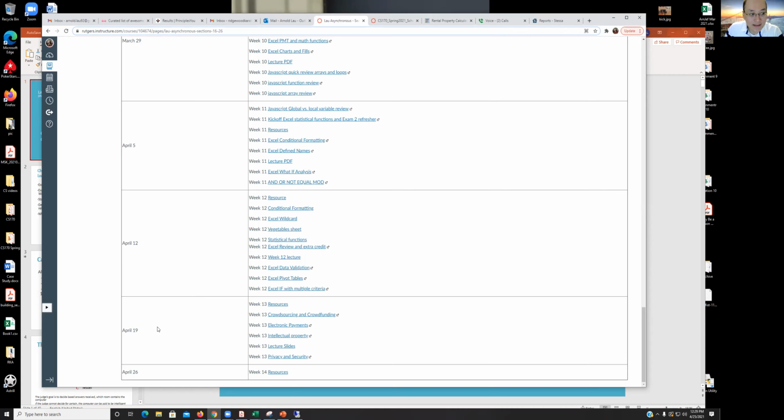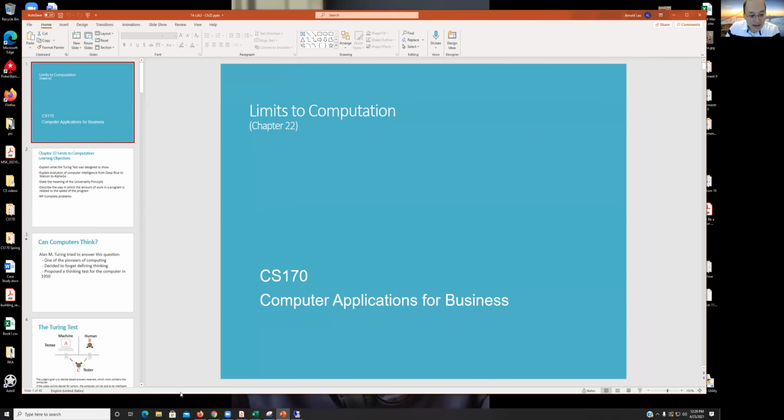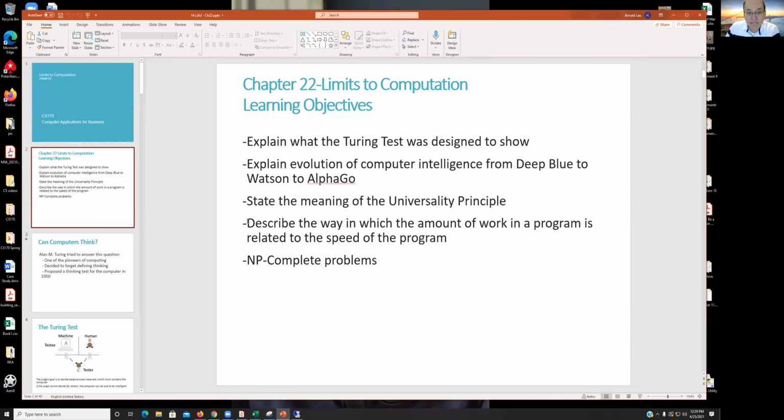Okay. All right. So let's get going with this. Chapter 22 covers the limits of computation. These are some of the key concepts. These are basic highlights for the chapter: understanding the Turing test, the evolution of various computer intelligence examples, and I'll go through some of that.